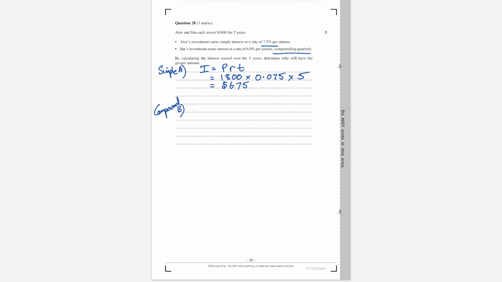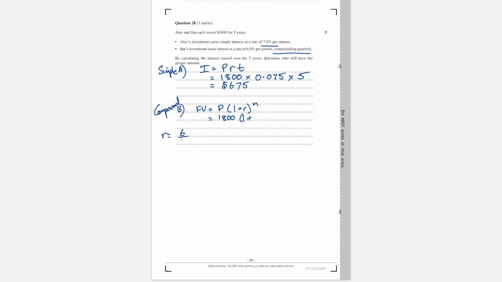So with compound interest, it's going to be final value is equal to our principal, 1 plus r to the power of n. Our principal is the same, it's 1,800. Okay, so now we have to do a bit of work to find our r. So our r is going to be the 6%, but it's divided by 4, right?